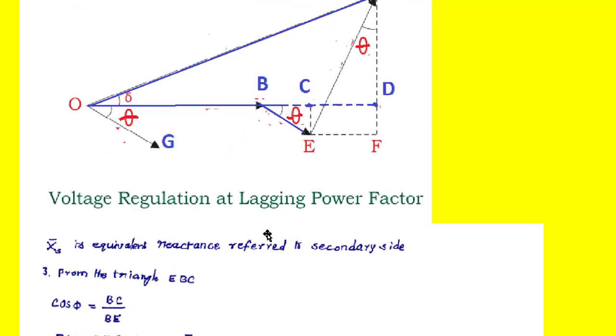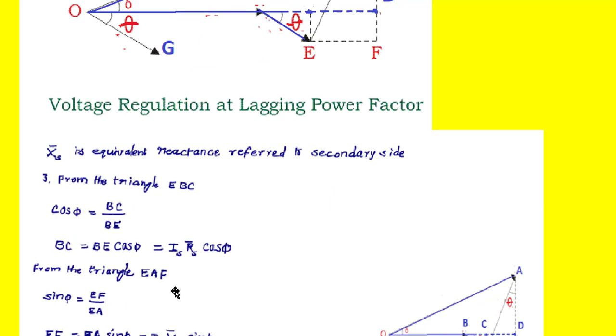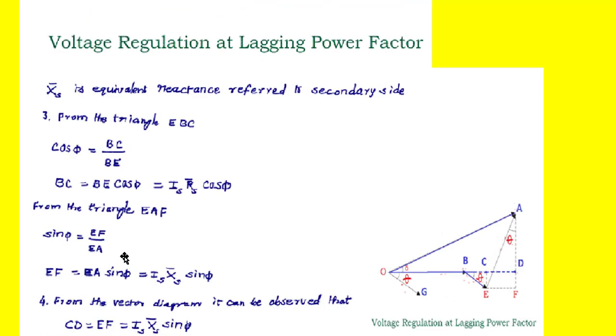So similarly from triangle AEF or EAF, we can write what is sin phi. Sin phi is nothing but opposite side, that is EF, divided by hypotenuse. What is that hypotenuse? It is nothing but EA or AE like this. So what we want is EF.